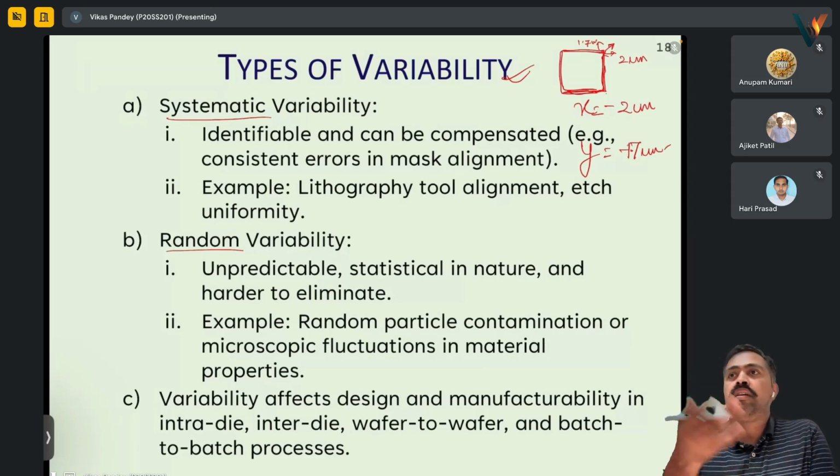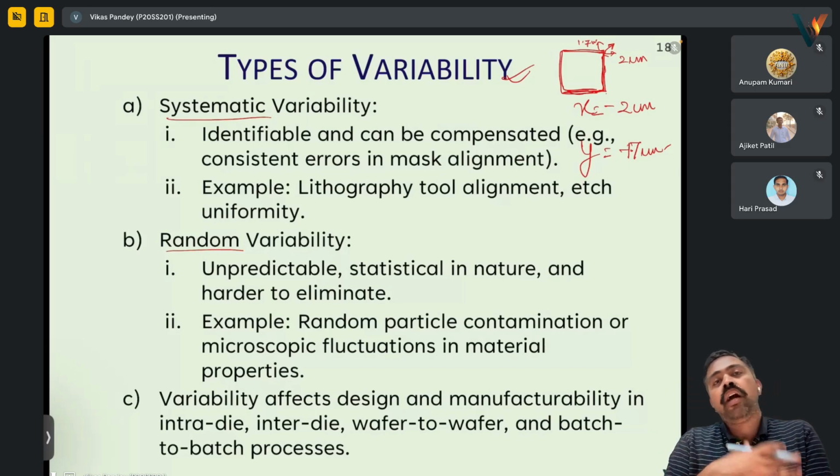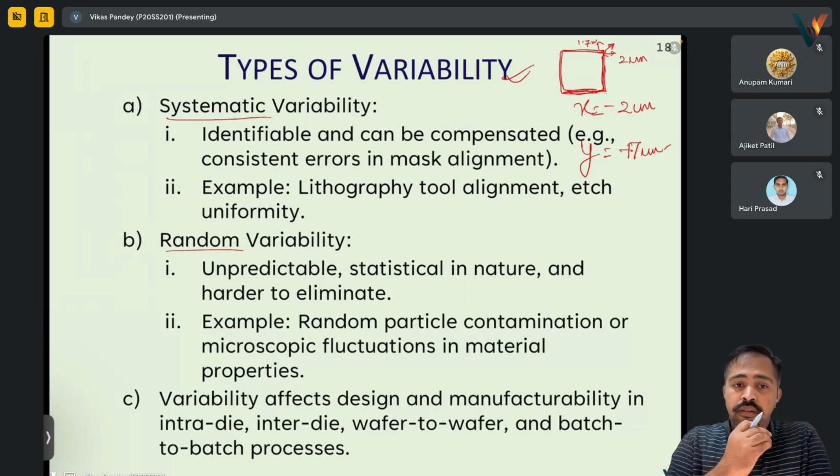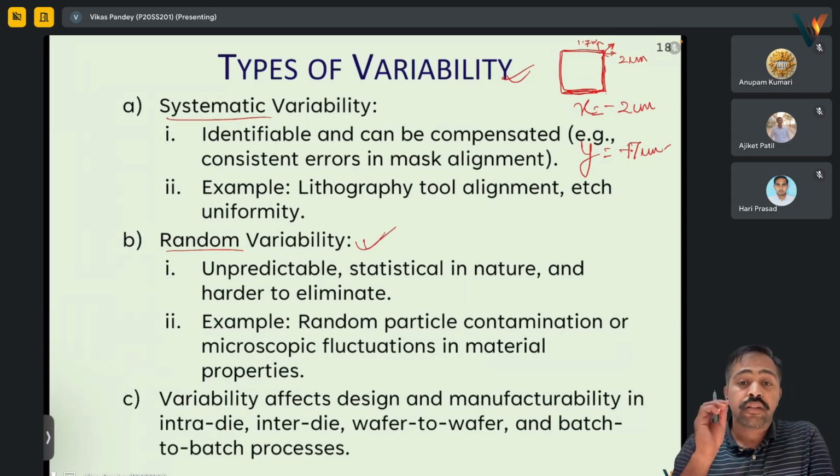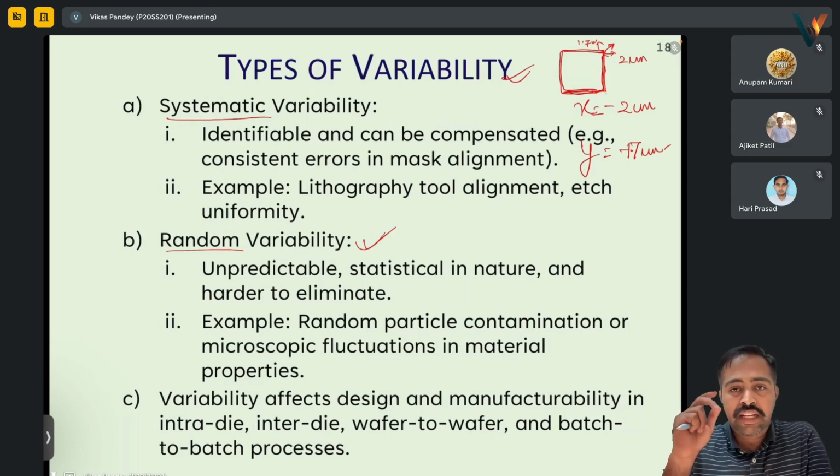Again, it can happen, but in some other value, not a predictable thing. So this kind of random variability is hard to eliminate, like random particle contamination or microscopic fluctuation. Like when we are using the microscope, the focusing we are doing.